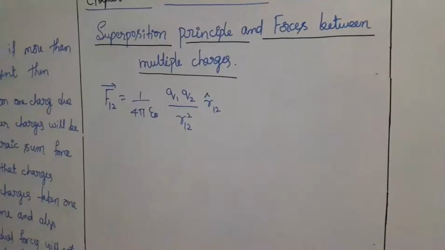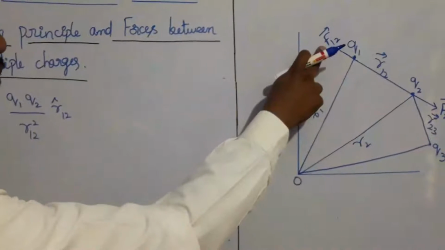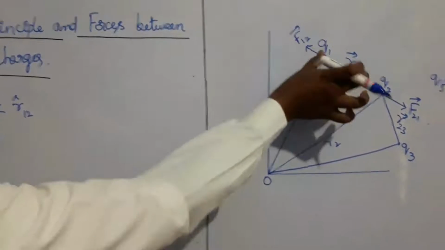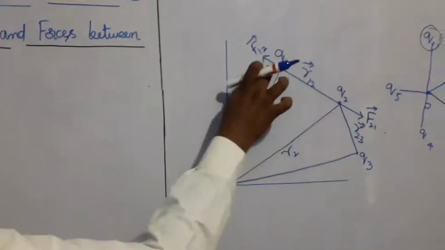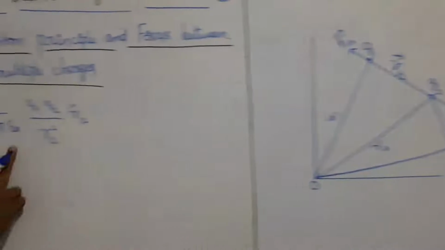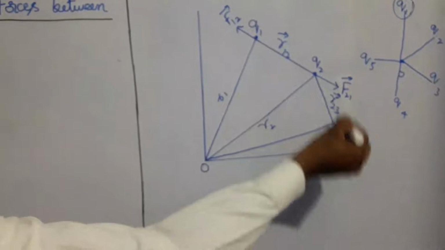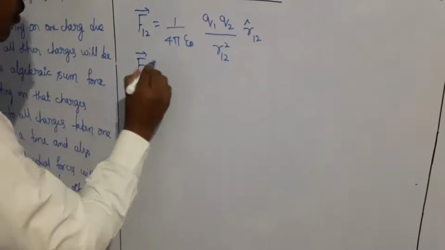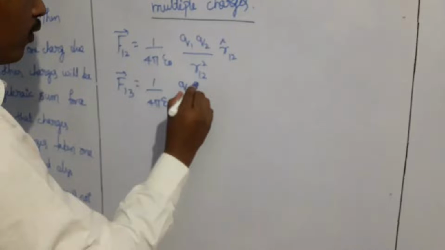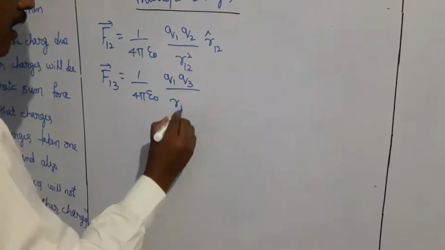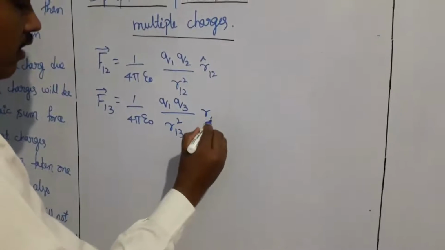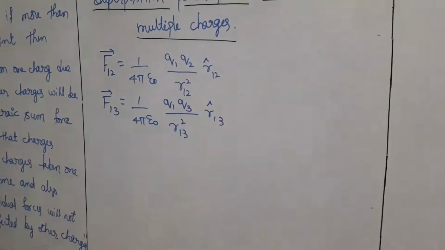This is the vector form of Coulomb's law, right? This is an individual force we are finding, means we are finding F12 between Q1 and Q2. This R12 is the position vector between Q1 and Q2. Same way, force acting on Q1 due to Q3 we will write: F13 is 1 by 4 pi epsilon naught Q1 Q3 by R13 square into R13 cap.